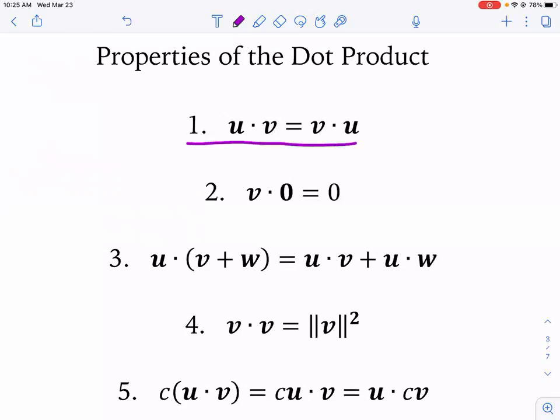First of all, the dot product is commutative. U dot V is going to be the same as V dot U. Do you believe me? Let's prove it.